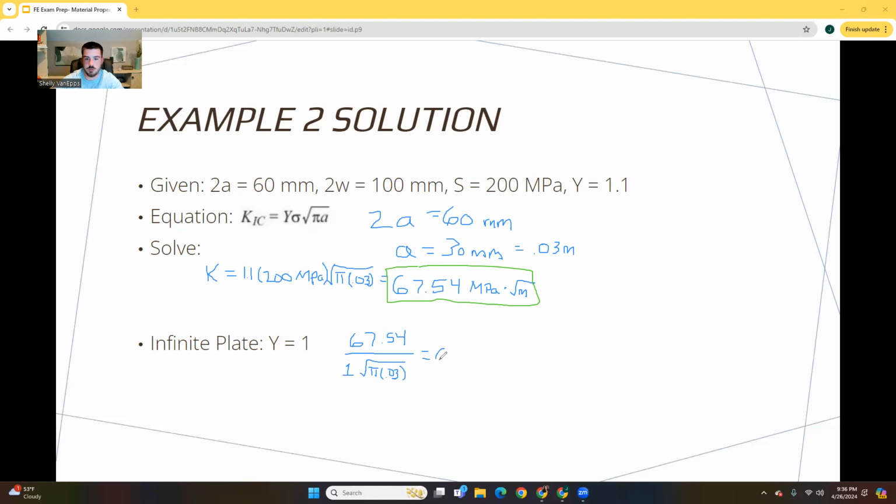And that should be equal to applied stress. And if we take this to a calculator, we get approximately 220 megapascals.